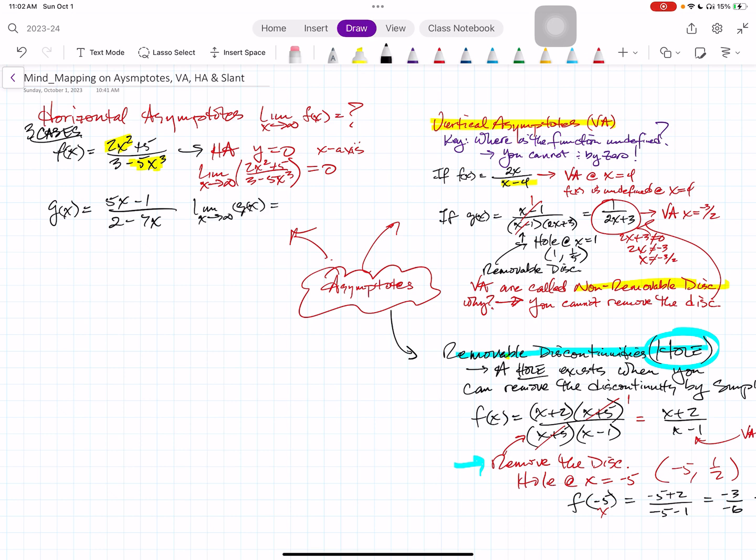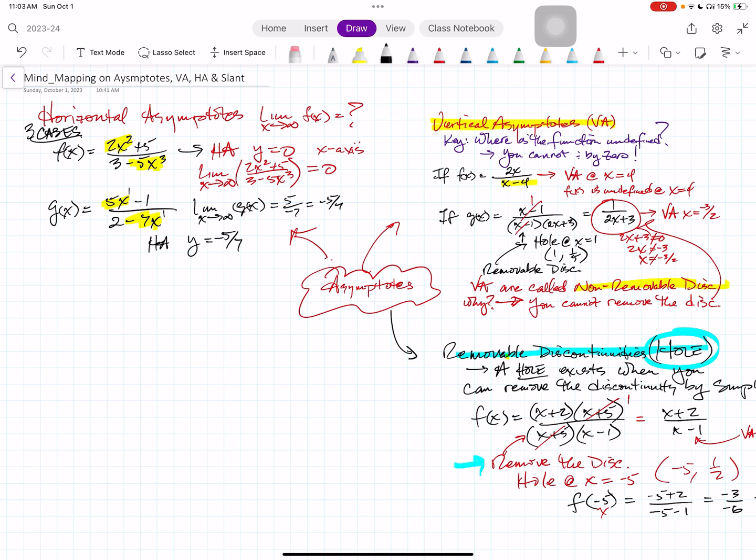Well, you take a look at the dominant terms, the 5x and the minus 7x. Because the degrees are the same, they're both first degree, it's going to be equal to the quotient of 5 and negative 7, which is equal to negative 5 sevenths. So the horizontal asymptote in this case is y equals, excuse me, negative 5 sevenths. And that's because they have the same degree.